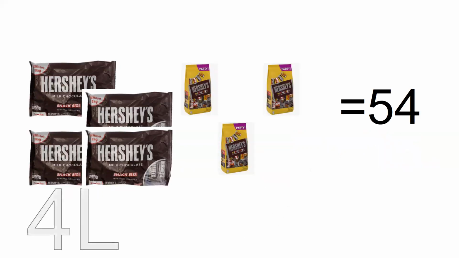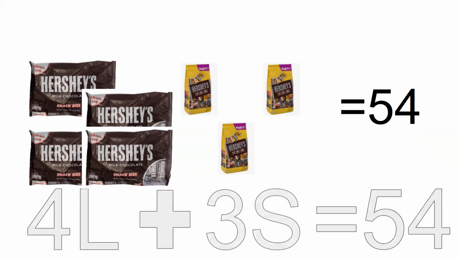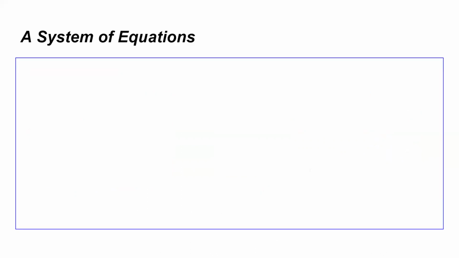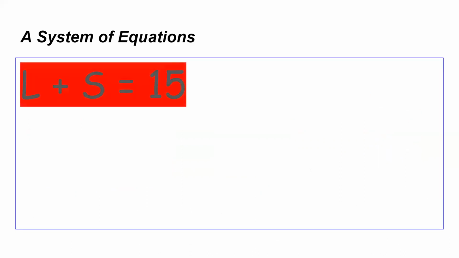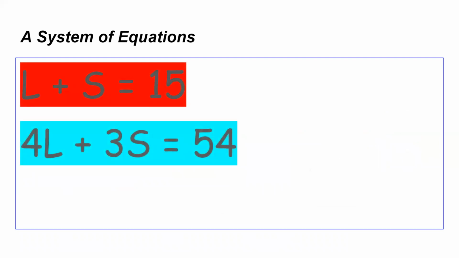So you would write that 4 larges plus 3 smalls equals 54. Well, how do we write that system of equations? It's just both of those equations together. L plus S equals 15. 4L plus 3S equals 54.